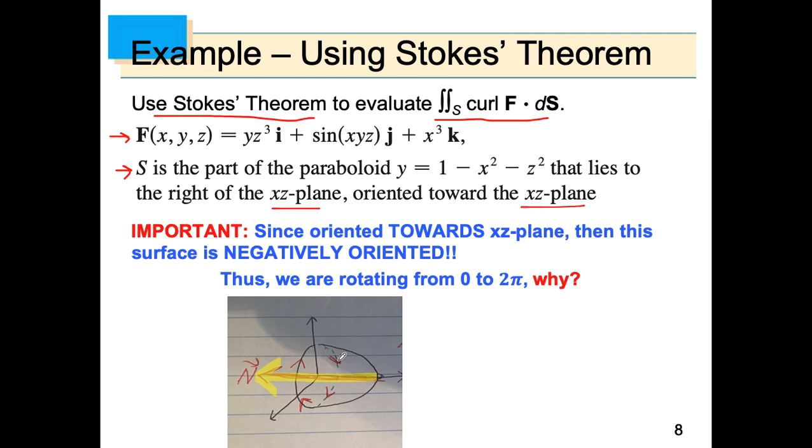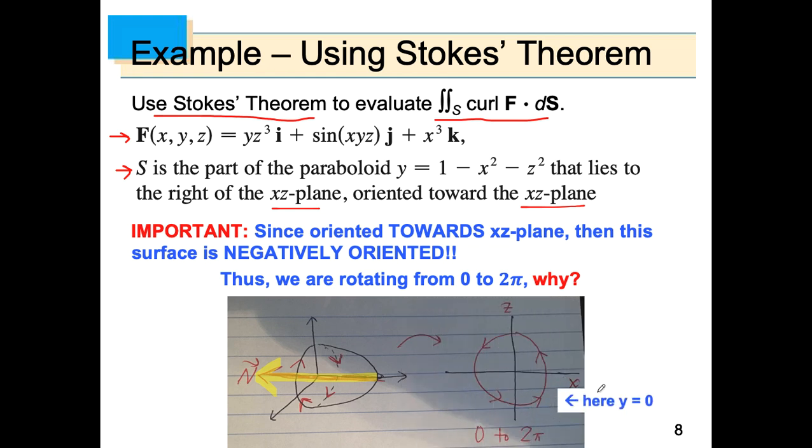And here's why. If we just focus on the xz plane, where y is equal to 0, notice that when I'm orienting negatively towards the xz plane, look at these other little arrows going around the curve here. You'll notice that this is my positive x direction. That corresponds to this right here, yes?